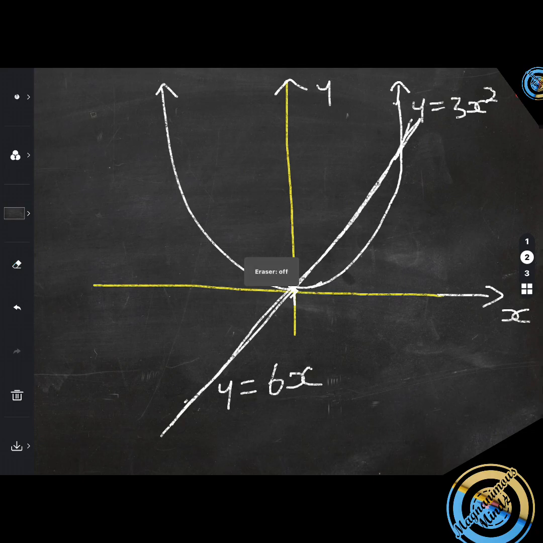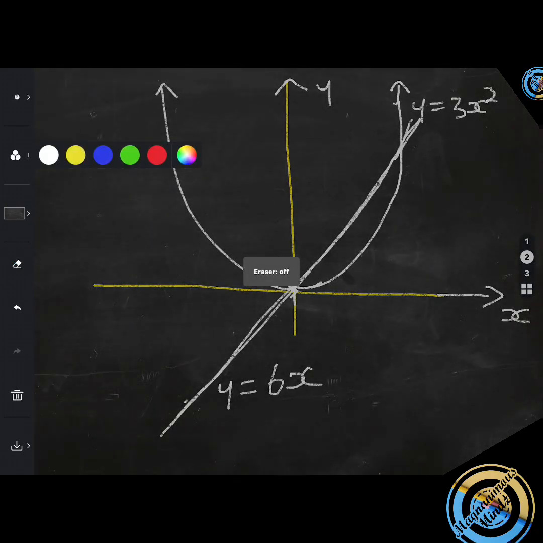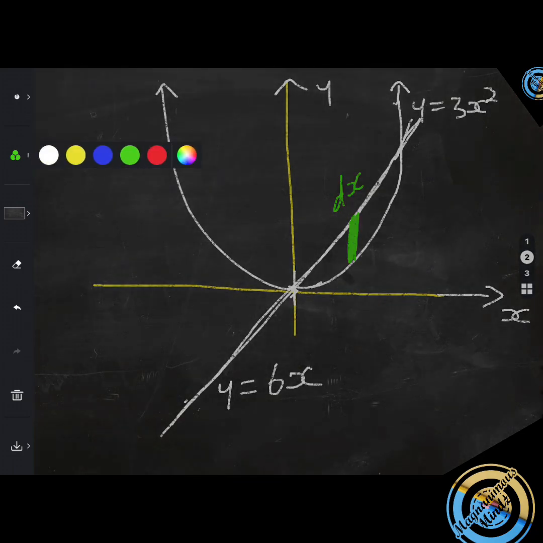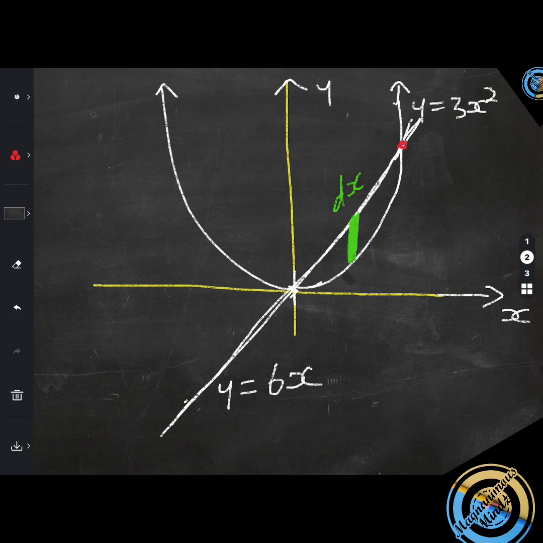Then the representative strip, let's make it green. There's the representative strip, which is dx in this case. And then the point of intersection, let's make it red. It's 2 and 12. And the other point of intersection is 0 and 0.